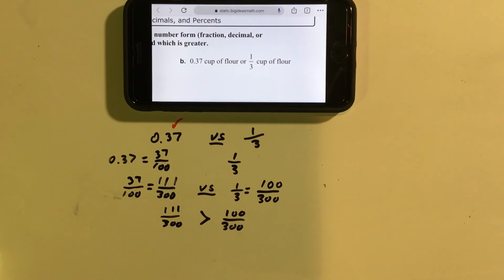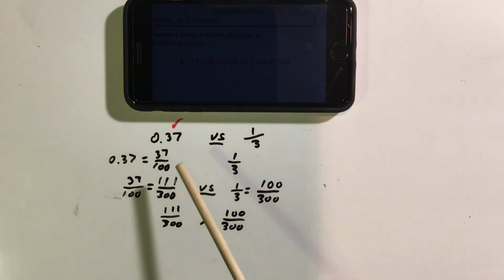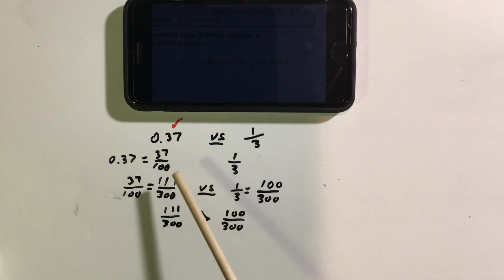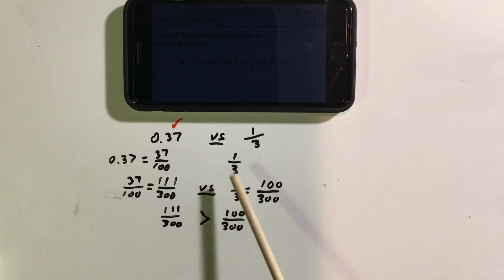All right, so here's example B, but this time what I did is I turned 37/100 into a fraction in order to compare both of them. So here's my work in the bottom. What I did is I turned 37/100 into its equivalent fraction, which is 37 over 100. Well, I still can't compare 37 over 100 to 1/3 because they have different denominators.